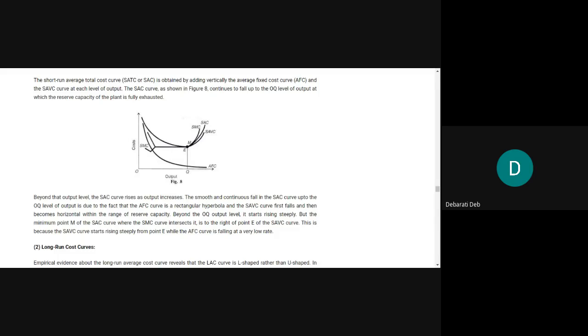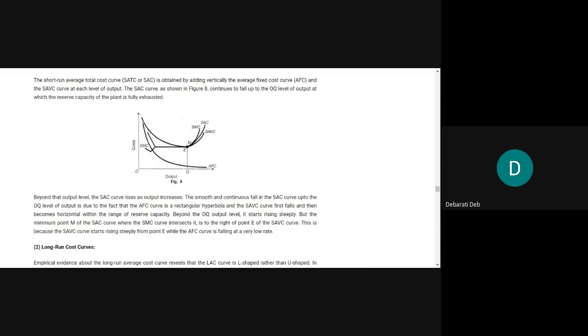The same point today you will name it as Q. And OQ is the output till which the average cost curve will continue to fall, and this is the point at which the reserve capacity of the plant will be fully exhausted. Understood? This was there yesterday also.